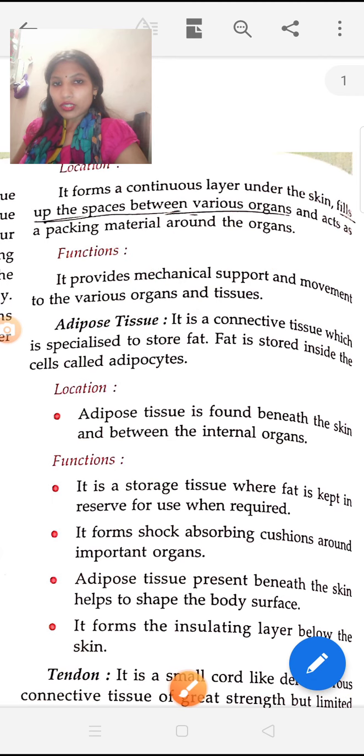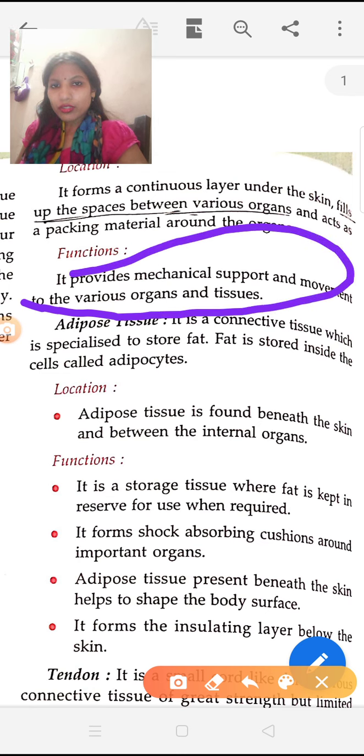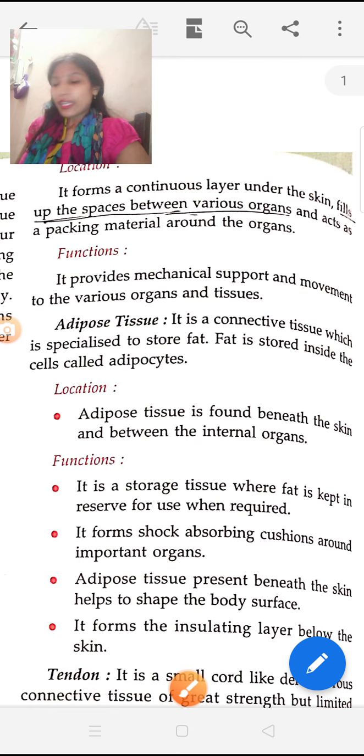So hope you understand. Then the function of the areolar connective tissue: it simply provides mechanical support and movement to various tissues, right?